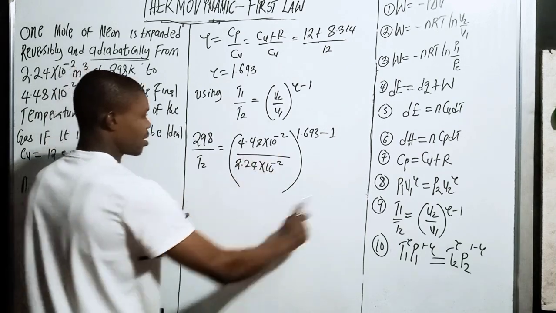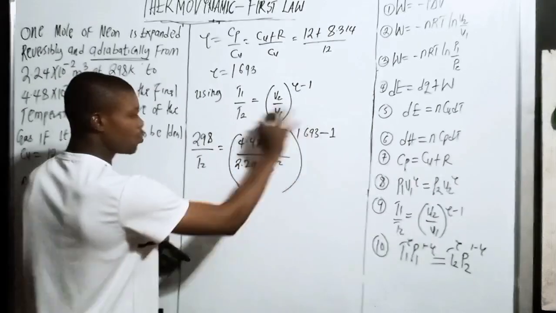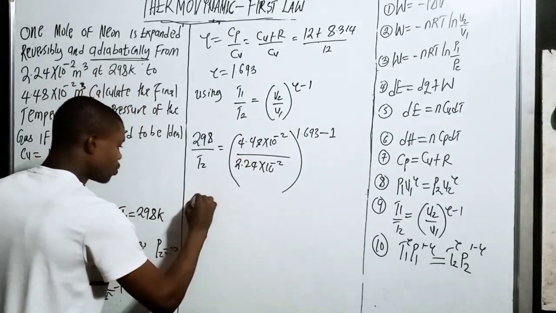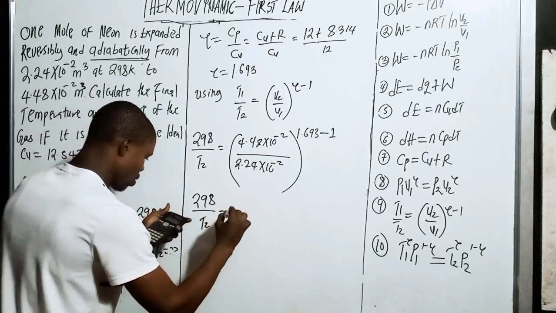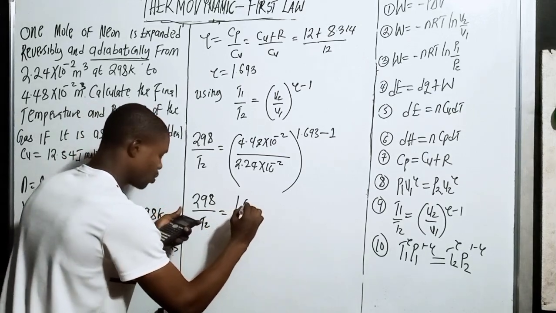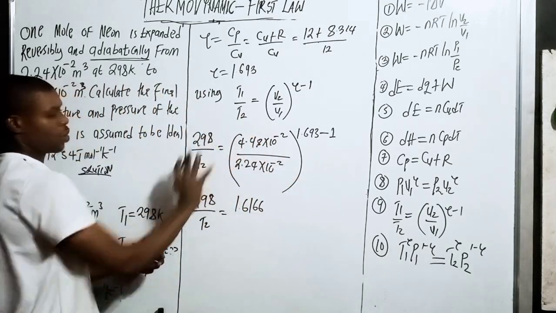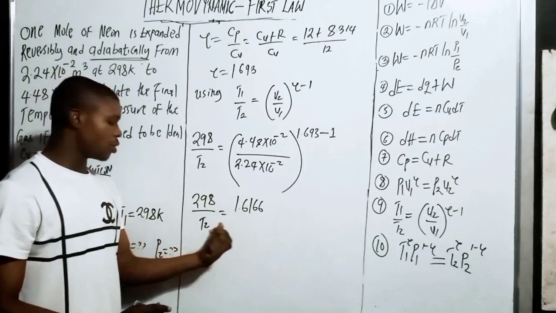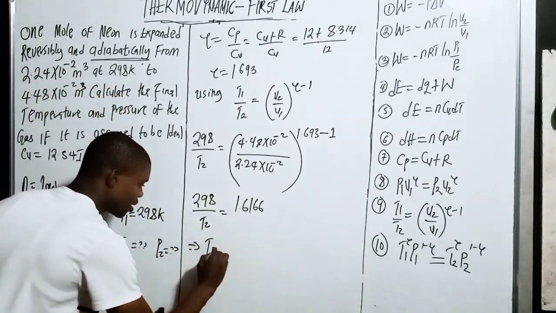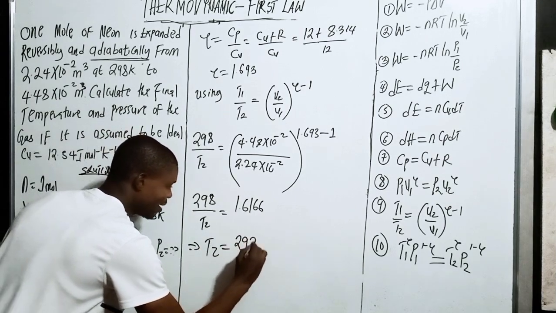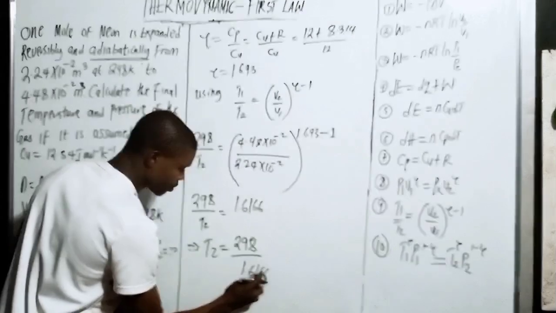So if you use your calculator to evaluate the whole of this one here, I have 298 over T2 equals 1.6166. So when you evaluate the whole of this, T2 is going to be equal to 298 over 1.6166. Do you understand?